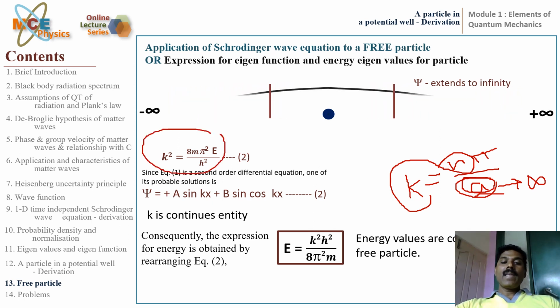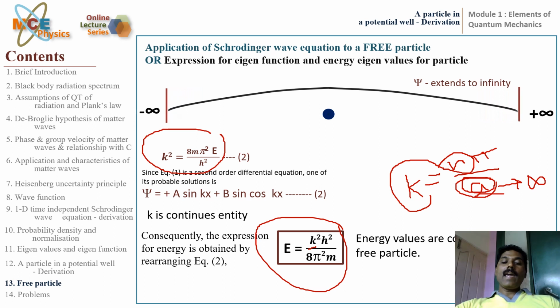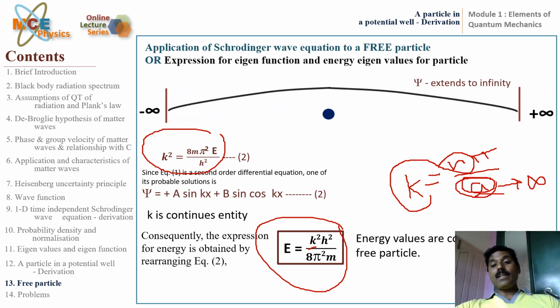E is equal to k square h square by 8 pi square m. So energy depends on k value, and k of course depends on the width of the potential which is indefinite. Since k is indefinite, it can have any value. Energy also may be anything, which means energy can be continuous.